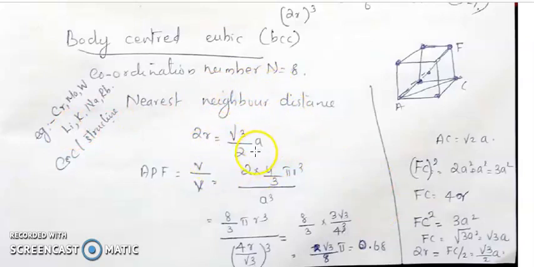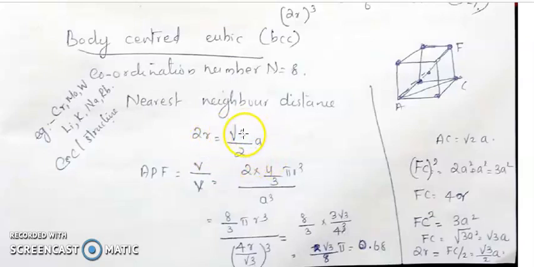What about the side length? In the first case, 2r will be equal to the side, so this side will be equal to 2r. Two atoms can be placed here, but here a will be equal to 4r by root 3. So in the other case a is equal to 2r, only here it is 4r by root 3.